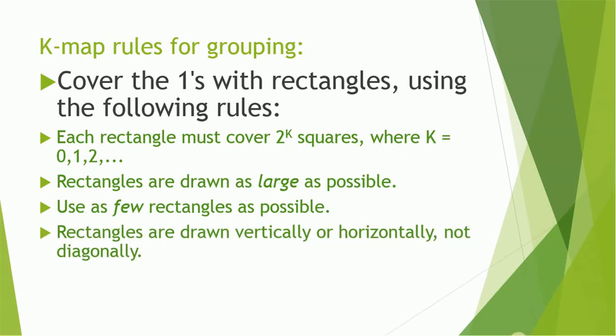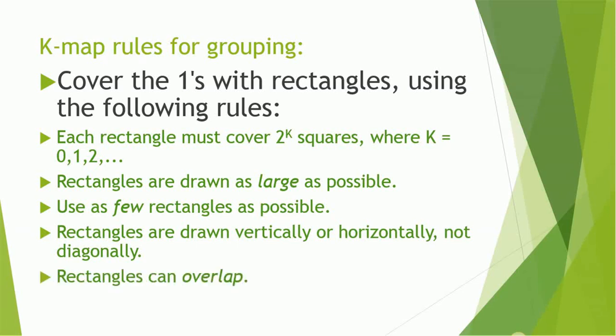The next one is I can draw my rectangles or my groupings horizontally or vertically, but not diagonally. So I can connect or group ones that are sitting side by side or top and bottom, but I cannot group ones that are explicitly sitting diagonal from one another.